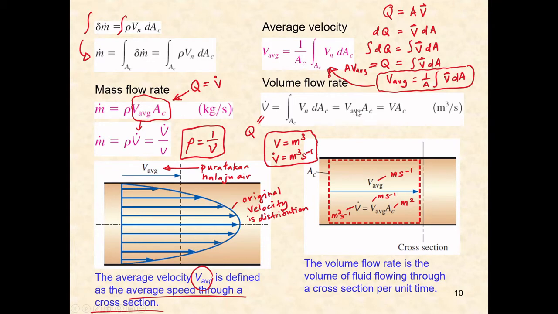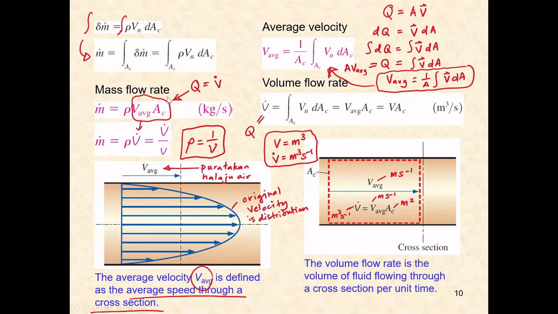Normally we will drop the AVG symbol and only write V A_c. This is basically the unit of meter cubed per second, the volumetric flow rate. So you can write this relationship to replace this term, and therefore you get rho times V_avg multiplied with A_c.